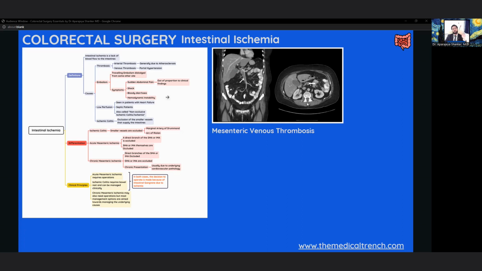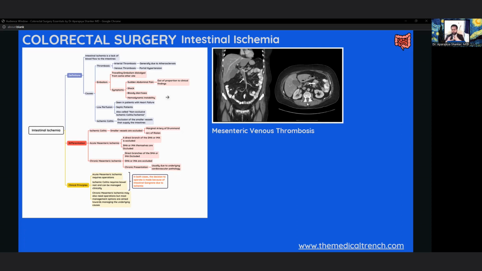The point is that they will result in low perfusion, and this low perfusion can cause intestinal ischemia without a thrombus, okay? Now, this is also called non-occlusive ischemic colitis or ischemia, right? Non-occlusive causes essentially just mean that this patient likely is septic and is meeting the criteria for SIRS, which is systemic inflammatory response syndrome, right?